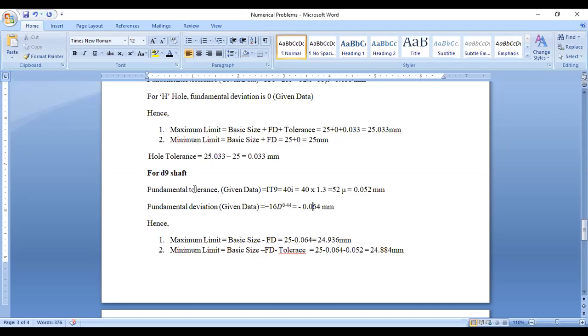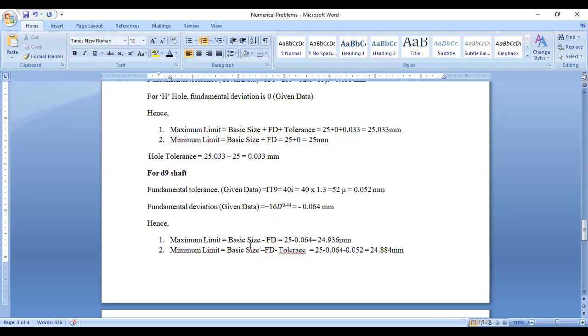Once you get the tolerance and the fundamental deviation, calculating the maximum limit and minimum limit will be the same. But here one thing you have to check is the sign of the fundamental deviation. If it is negative, then you have to subtract it from the basic size. If it is positive, you have to add it to the basic size.